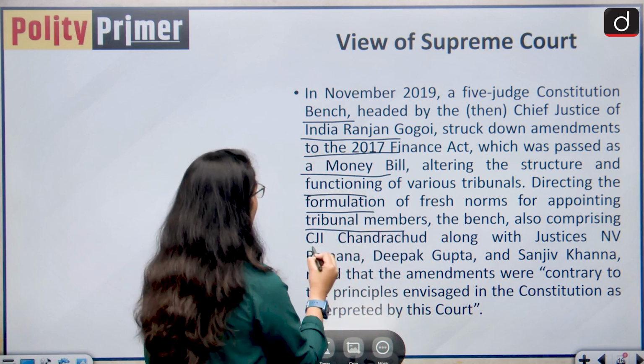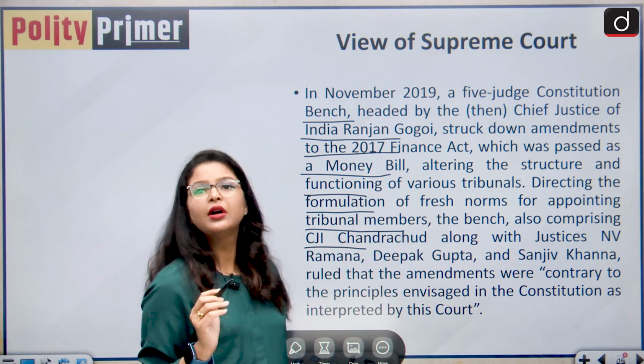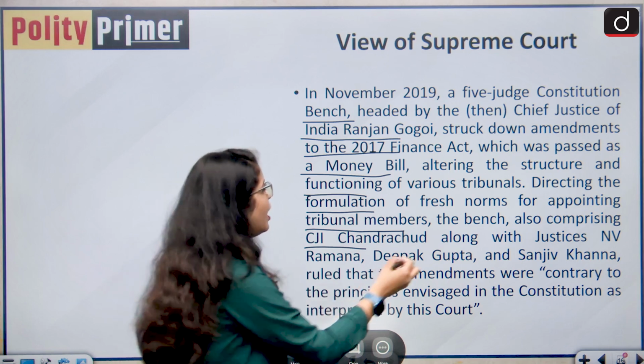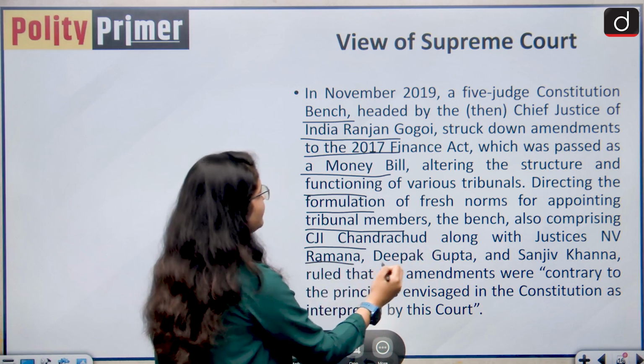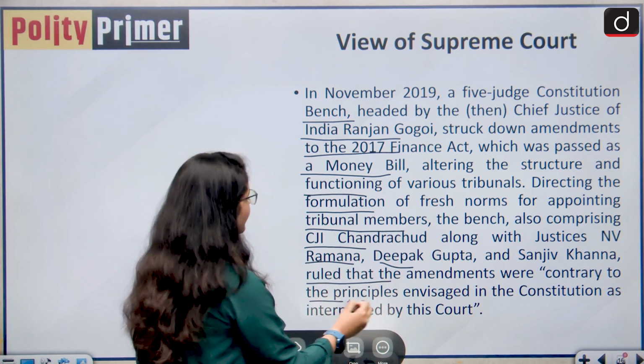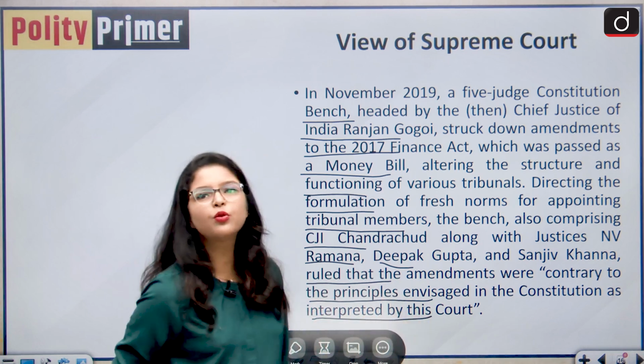The bench also comprised CJI D.Y. Chandrachud, the current Chief Justice of India, along with Justice N.V. Ramana, Deepak Gupta and Sanjeev Khanna. They ruled that the amendments were contrary to the principles of the constitution as interpreted by the Supreme Court.